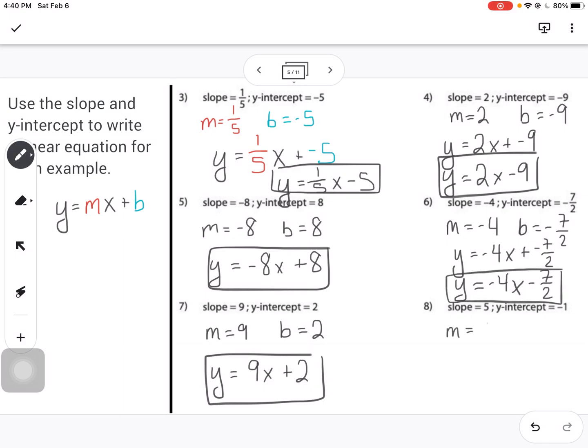Lastly, m equals 5, b equals -1, y equals 5x minus 1. Okay, make sure to check your work and make sure you have the right answers written down in your notebook.